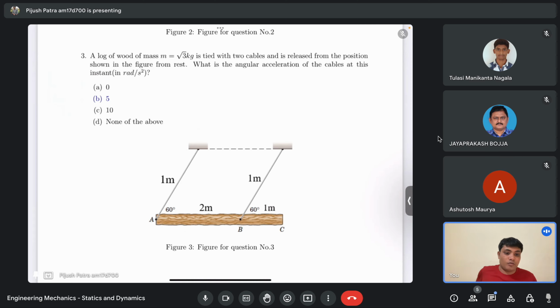How will you approach the problem? Anyone? It's asking what is the angular acceleration of the cable at this instant. Both of them are at a 60-degree angle with the log.